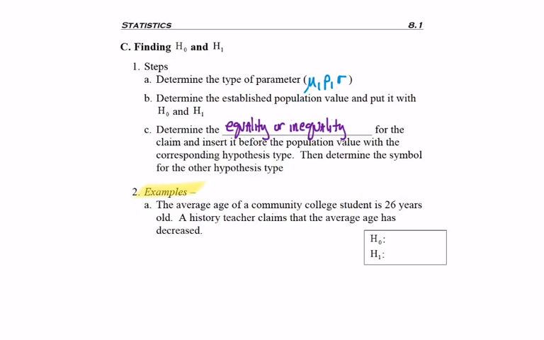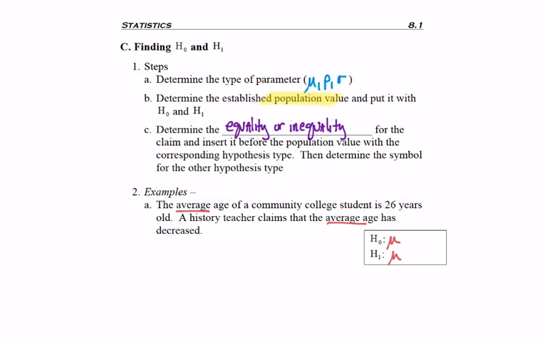So let's look at a couple examples. The first one says, the age of a community college student is 26 years old. A history teacher claims that the average has decreased. So it starts off with the average age of community college. The teacher claims that the average has changed. So clearly I'm working with mu. The first thing I did was decide what parameter I was working with and insert that.